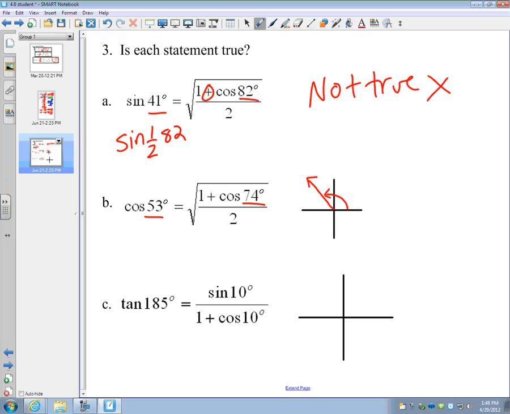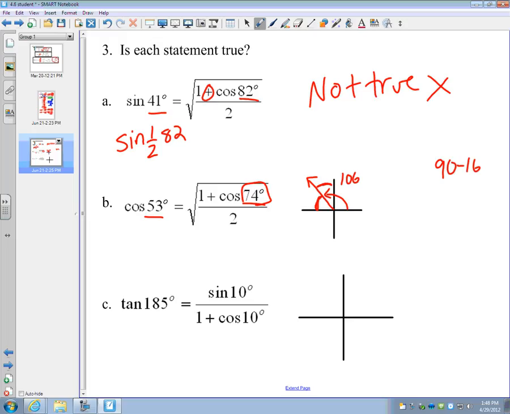What is the reference angle of 106? If we subtract 90 from that, we have 16, and then 90 minus 16 gives us the reference angle. Well, guess what 90 minus 16 is? 74. So we might be doing something right there.